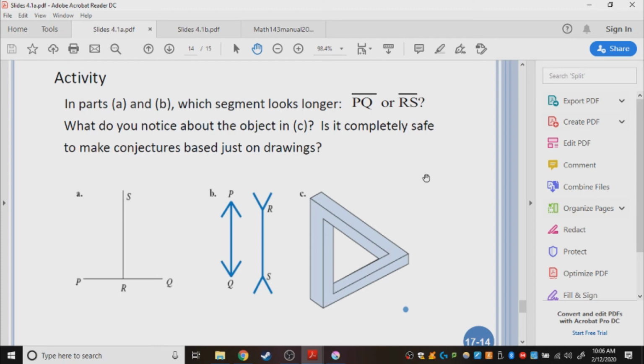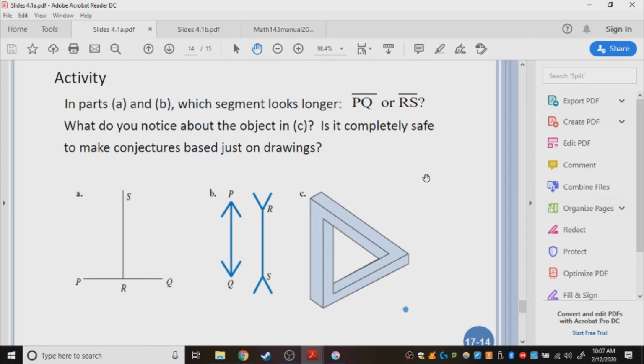If I look at the first case there, the line that looks to be perpendicular to the bottom PQ line, they don't look to be the same length visually to me. But I can't always trust my senses to make accurate, sound conclusions about when they actually are the same length.